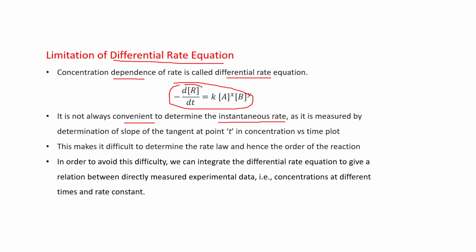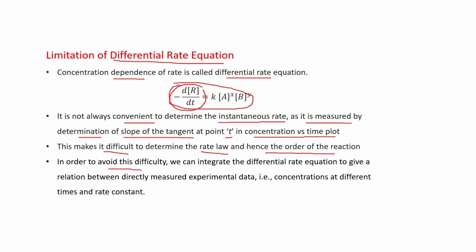This term, minus dR by dt, represents the instantaneous rate, and it is not convenient all the time. Why? Because it is measured by determining the slope of the tangent at point t in the concentration versus time plot. This makes it difficult to determine the rate law and hence the order of the reaction.